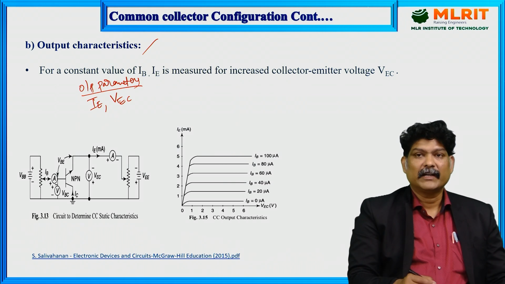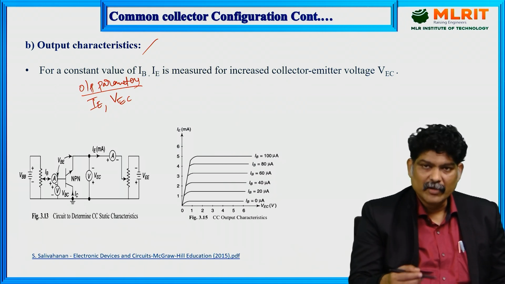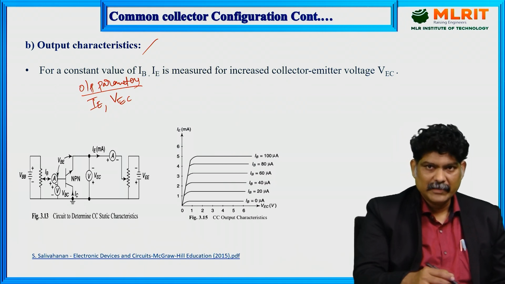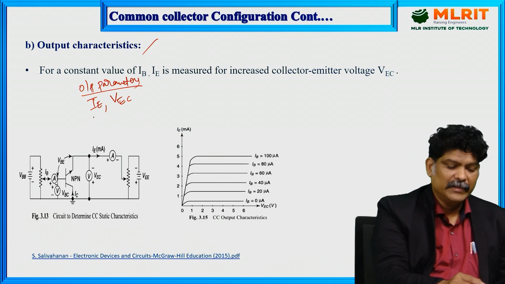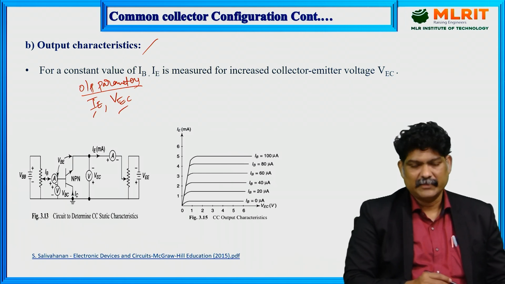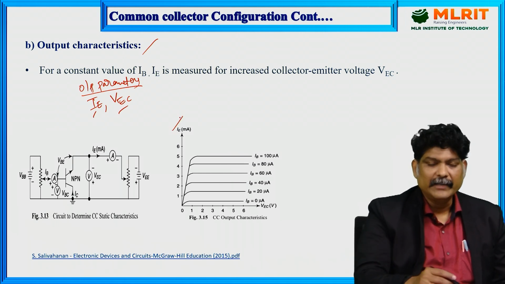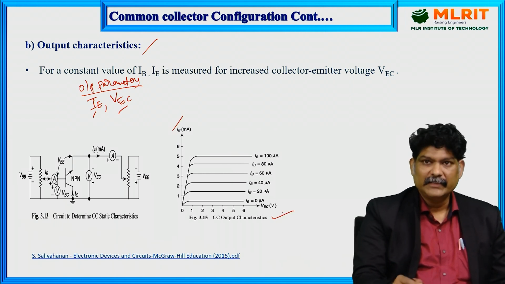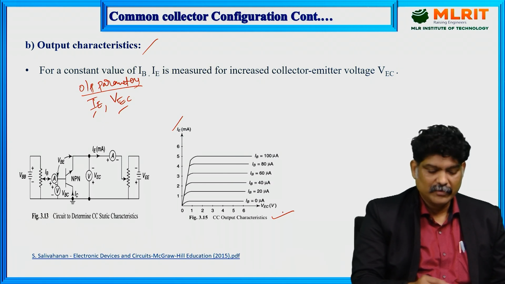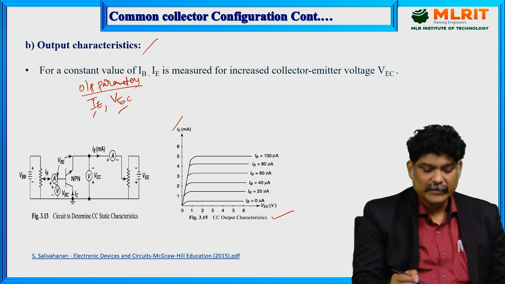So output characteristics means it is a graph drawn between the output parameters IE and VEC, with IE on the y-axis and VEC on the x-axis. So this is the output characteristics.